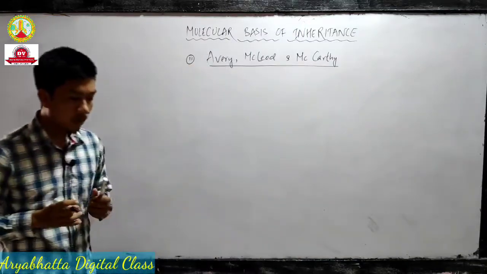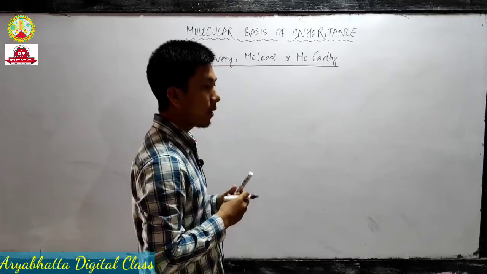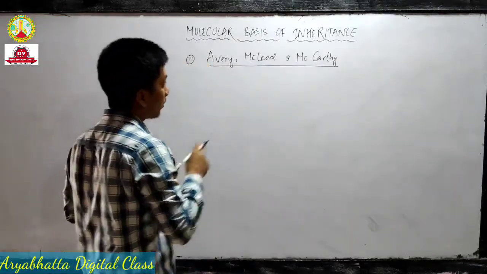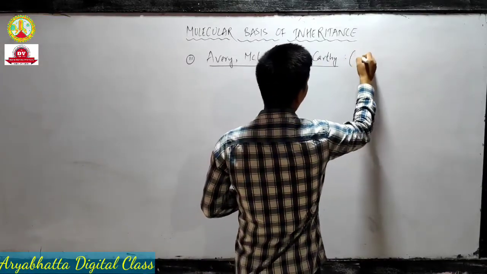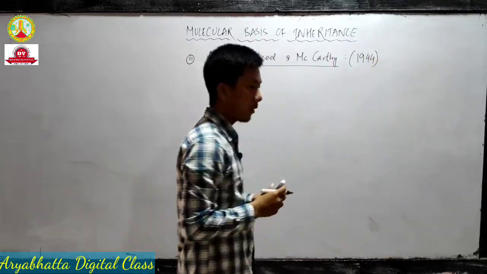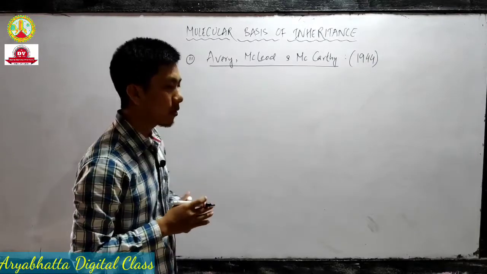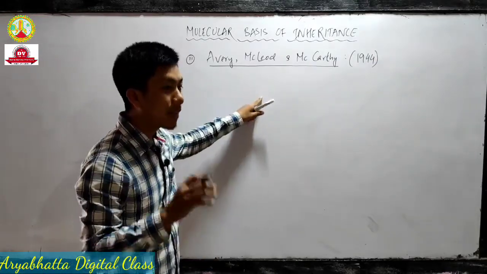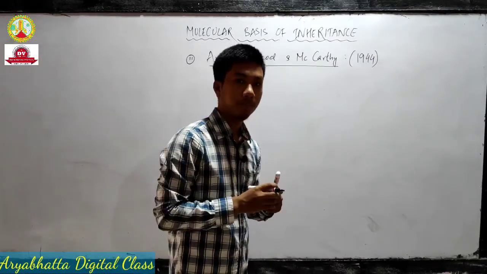The three scientists performed another experiment with respect to the Griffith experiment. It was first performed in the year 1944. A similar experiment, only the difference is that they added some additional thing, like an enzyme.